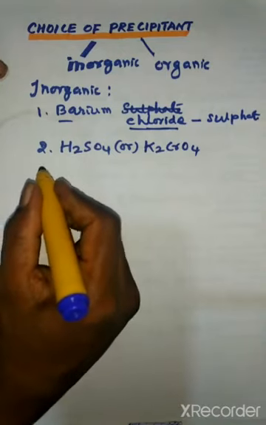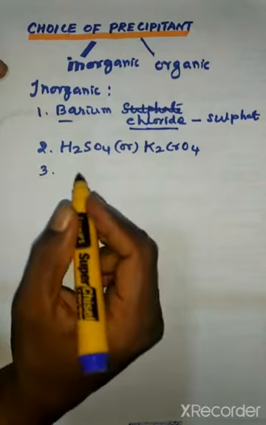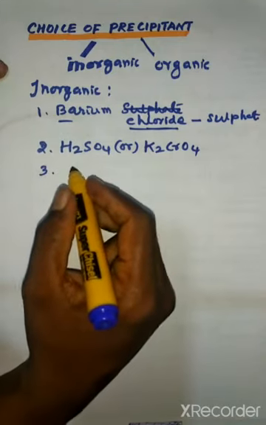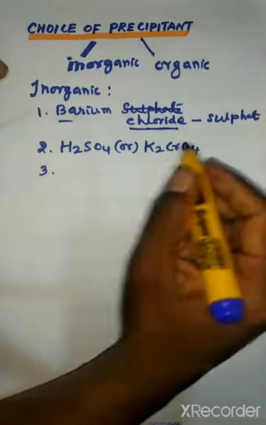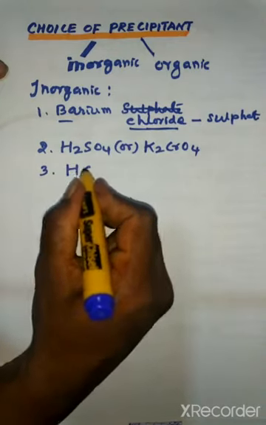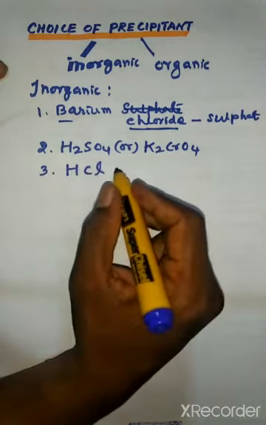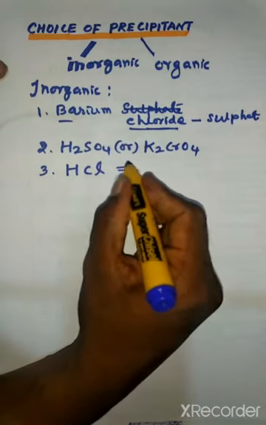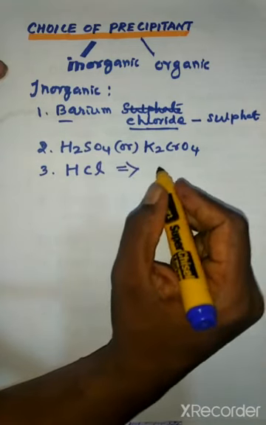Another example we already know: to estimate the silver ion, we use HCl, hydrochloric acid, as the precipitating agent.